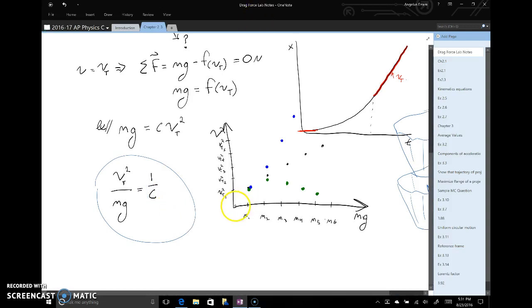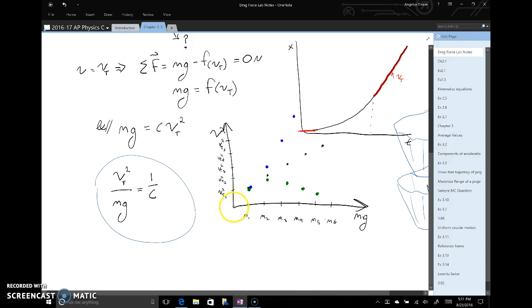So if we guessed properly, we should get a straight line, a linear relationship, and the slope of that line is 1 over c, and that'll tell us our constant.